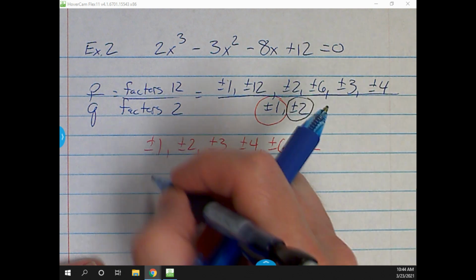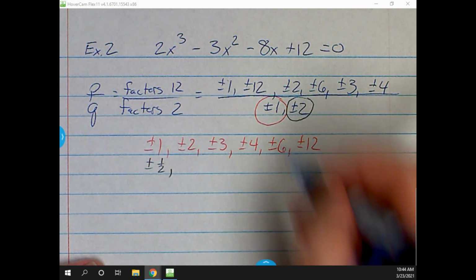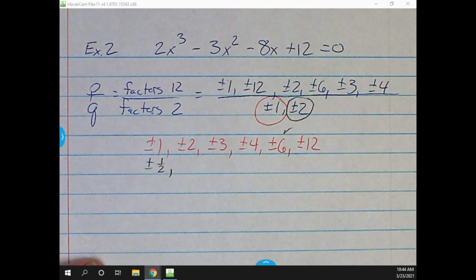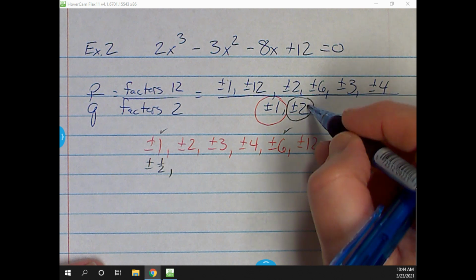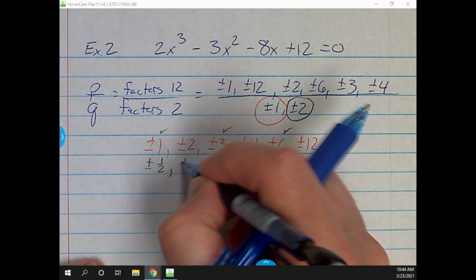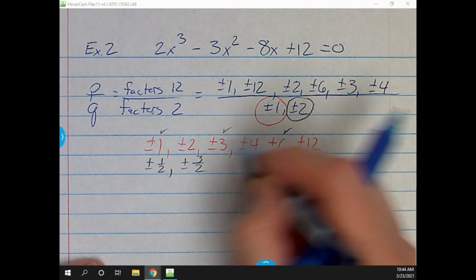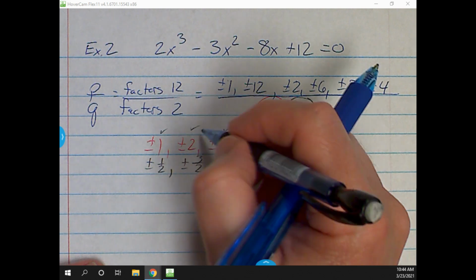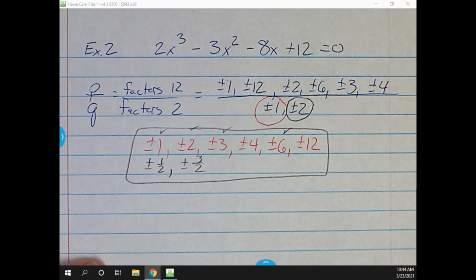That's 1/2. 12 divided by 2 is 6, so that one's good here. 2 divided by 2 is 1, so that one's good here. 6 divided by 2 is 3, so that one's good. 3 divided by 2 is a fraction, so that's going to stay 3 over 2. And then 4 divided by 2 is 2, so that one's good there. So that would be our list of possible solutions that we're looking for.